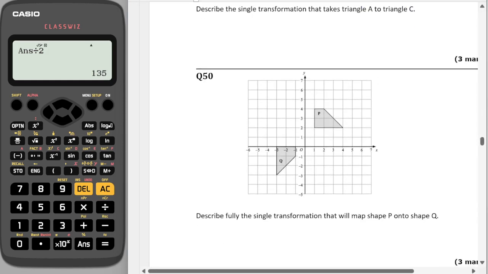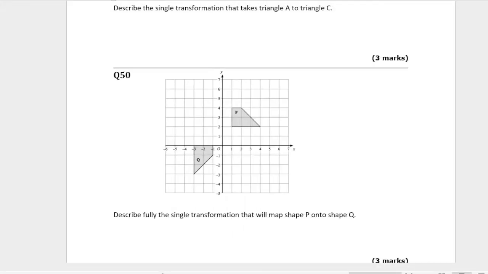Okay, question 50. Describe fully the single transformation that maps P onto shape Q. So looking at it, we've got P onto Q. So it's going to be a rotation 90 degrees clockwise, and then about the point.